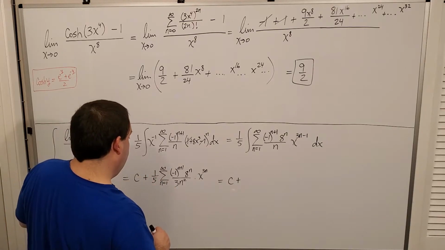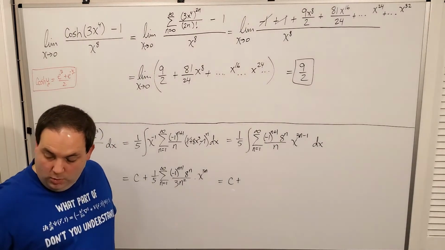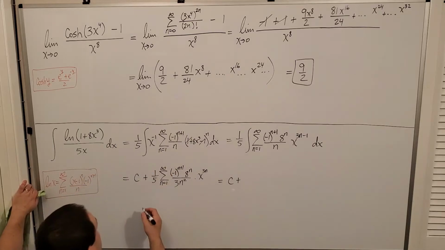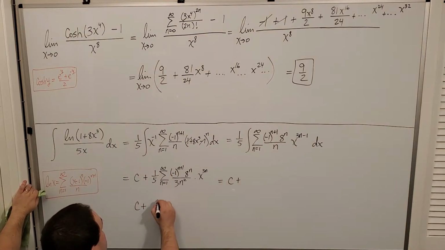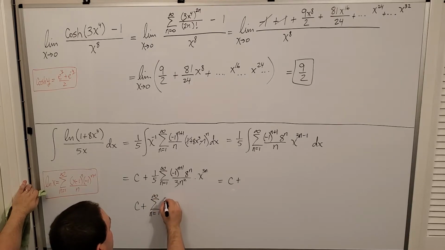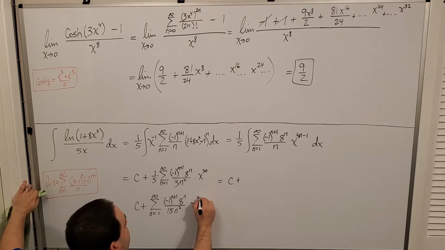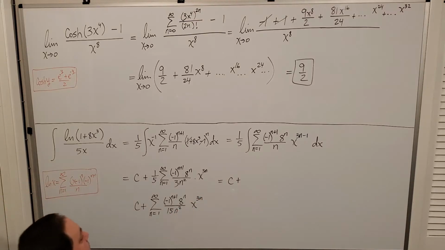It's probably the most concise way to make this thing work here. So yeah, c plus summation n equals 1 to infinity, -1 to the n plus 1, 8 to the n over 15n squared times x to the 3n.